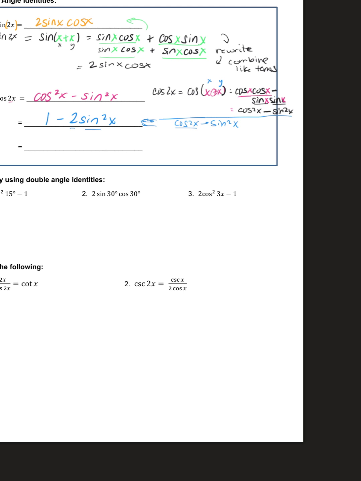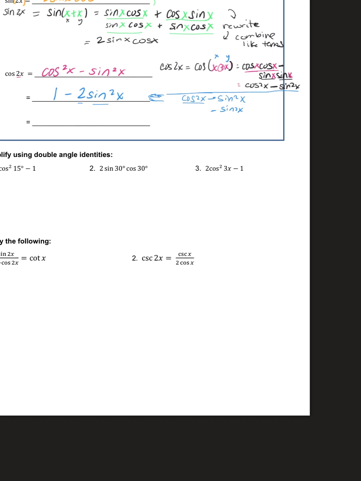I'm just going to rewrite it as, this is going to stay as minus sine squared x. I'm not going to touch that. But what is cosine squared x equal to? Well, from our Pythagorean identities, cosine squared x is equal to 1 minus sine squared x. And then you're going to subtract that.